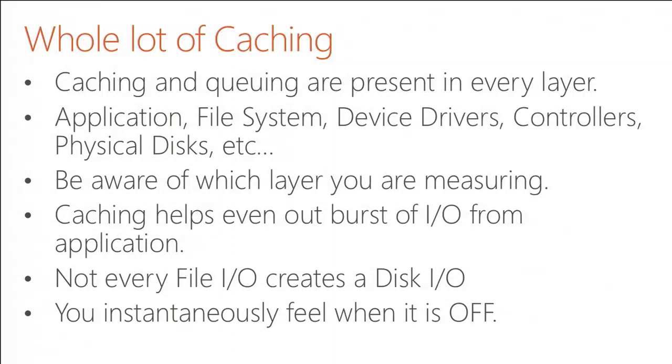So having good caching is very important for good performance and to even out those peak latencies, right? And another important consequence about caching is that a file I/O does not necessarily mean a disk I/O. So when I get a file, I do not necessarily need to go to the disk to get it. I can go to the cache.